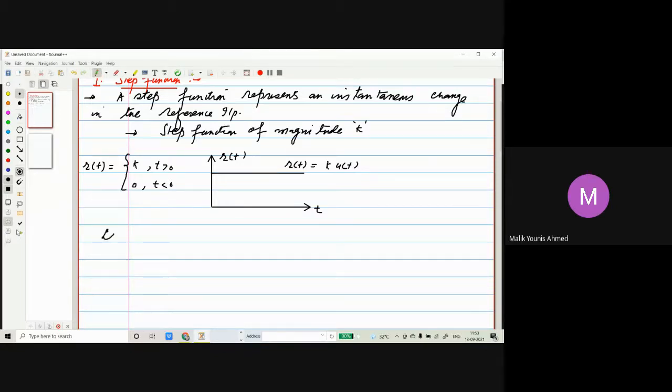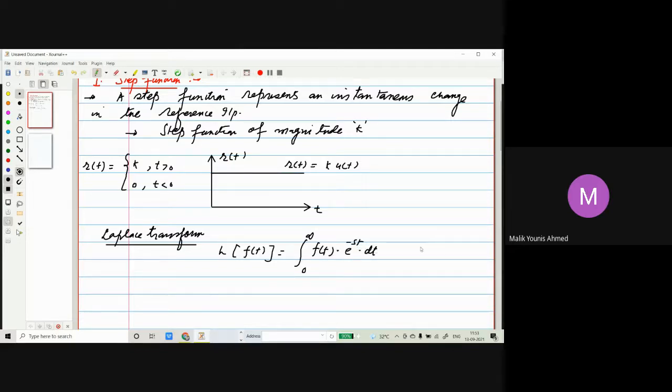So if we find the Laplace transform, we have already done it, I think. The Laplace transform of any function, we know mathematically, is the integral from 0 to infinity of f of t e to the power minus st dt.